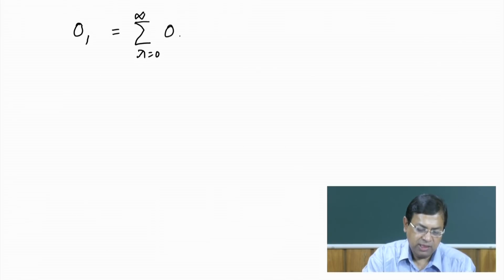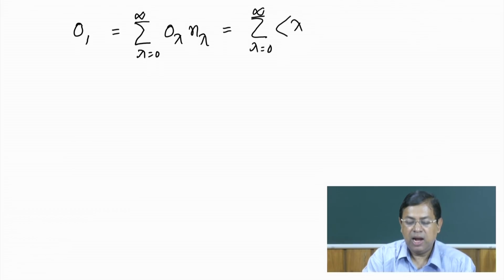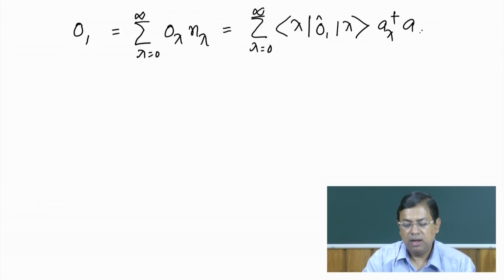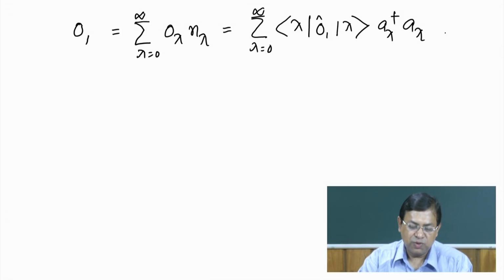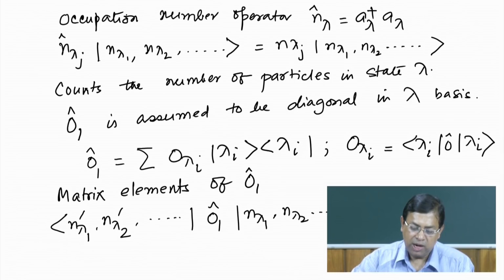Your O1 is the sum over lambda from 0 to infinity of O lambda n lambda, which is equal to the sum over lambda from 0 to infinity of a lambda O1 lambda, times a lambda dagger a lambda.